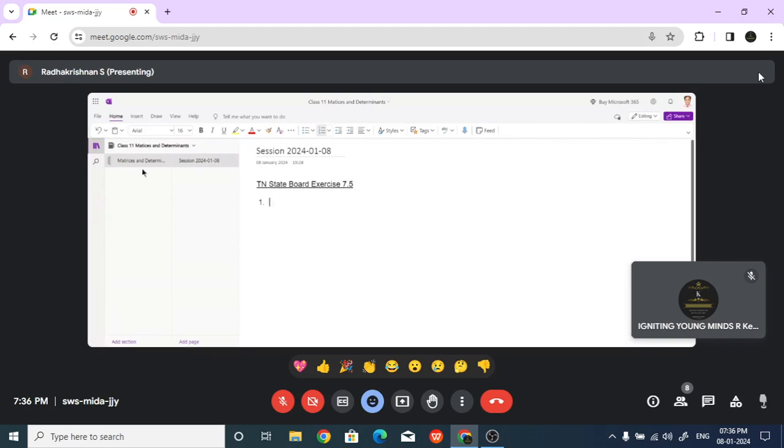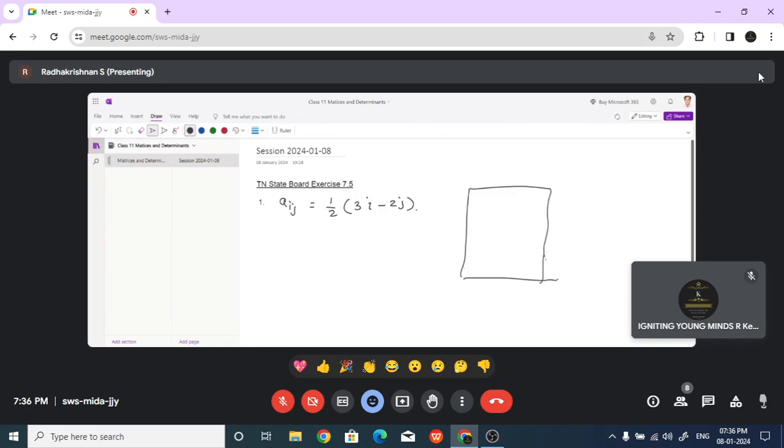It's given that aij equals half into 3i minus 2j. Can you all see the board? Yes, sir. So this is the formula. Now the way you construct the matrix is like this: i, j, aij.